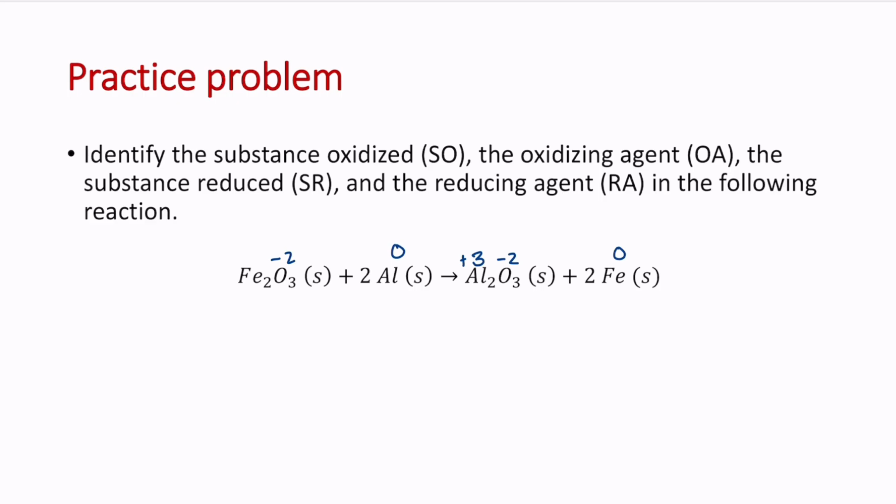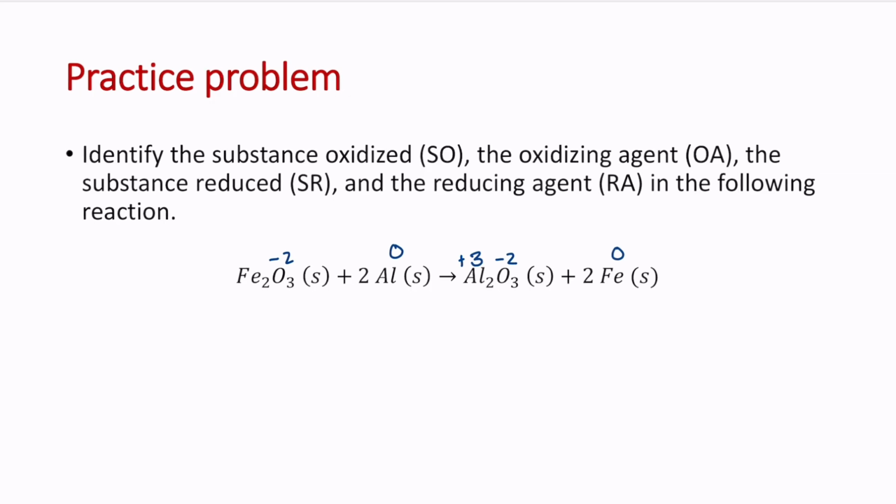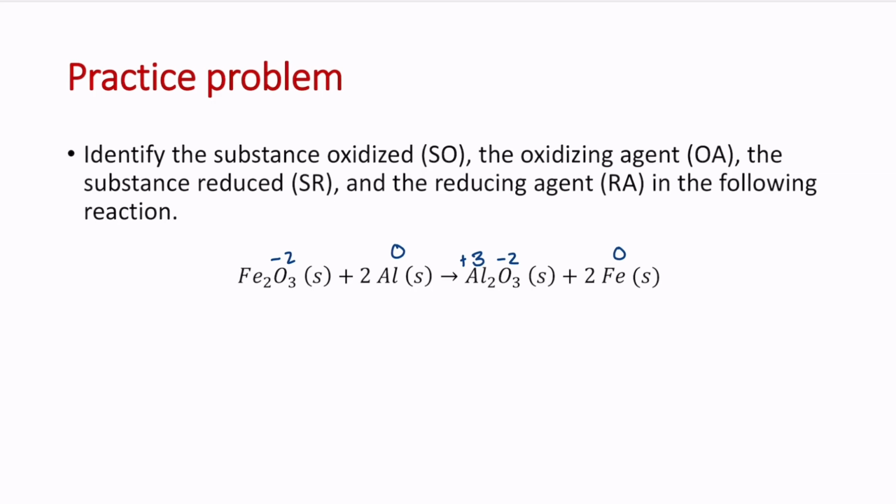Iron has multiple charges, so I need to figure out which iron this is. My oxidation number for oxygen is -2. I have three of them, so it's going to be -6. I only have two iron, so that means the oxidation number must be +3 in order to make this a charge neutral compound.